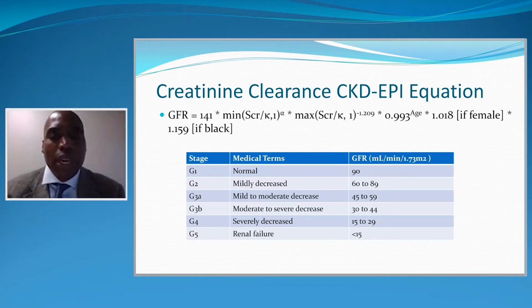Mild to moderate decrease is 45 to 59. Moderate to severe is 30 to 44 milliliters per minute. Severely decreased is 15 to 29 milliliters per minute, and renal failure is considered less than 15. And so, our focus is really on the mild decrease, or stage G2 or below.